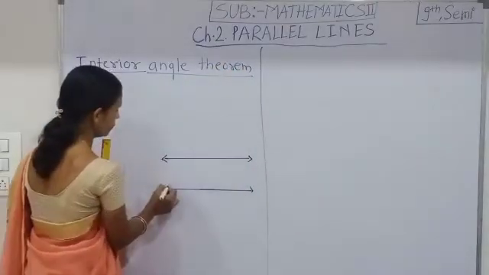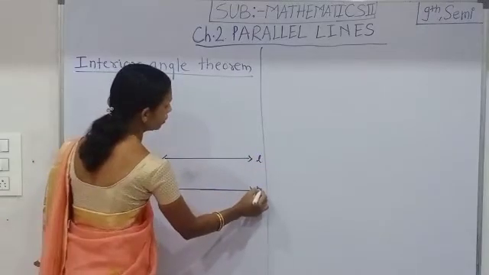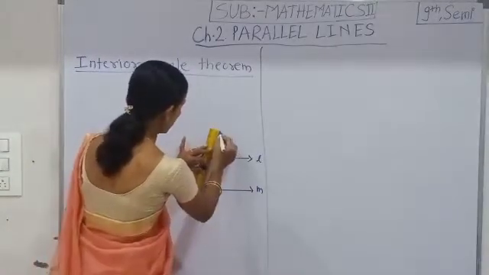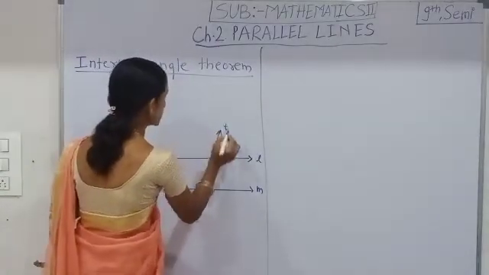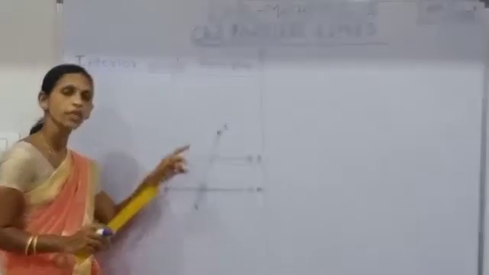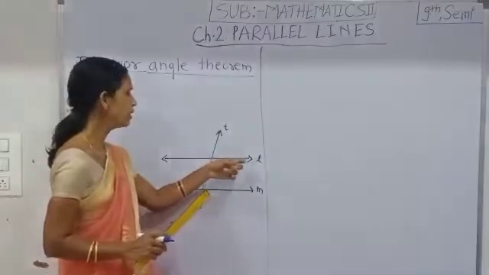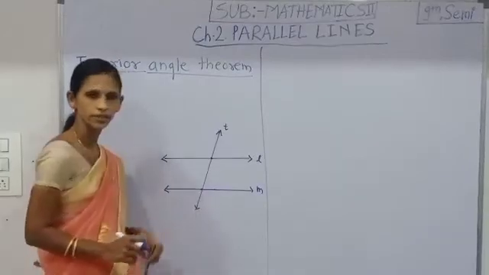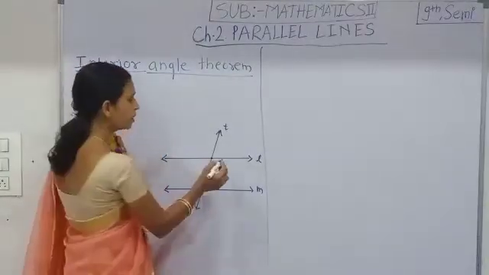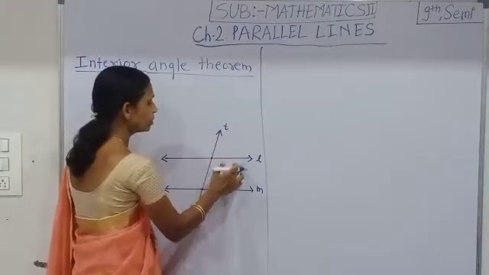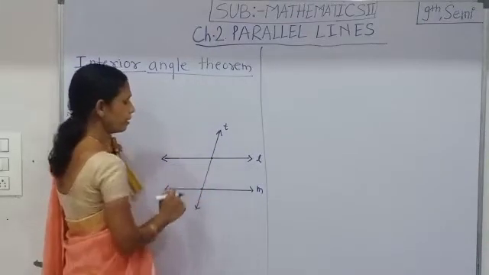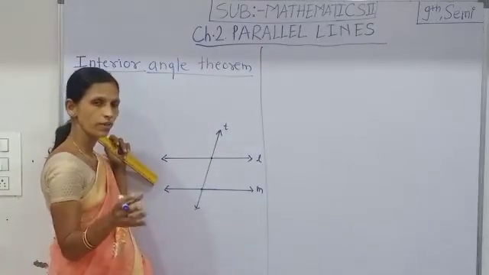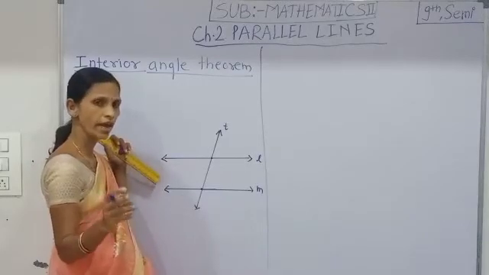See here, line L is parallel to line M and T is a transversal which intersects line L and line M at two distinct points. Then the angles made by that transversal on the two parallel lines are interior angles, corresponding angles and alternate angles.